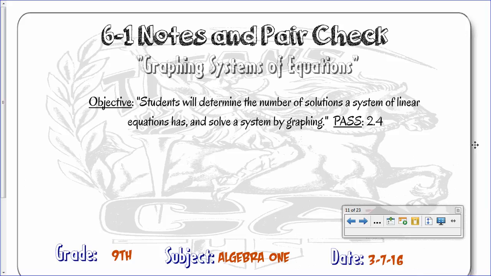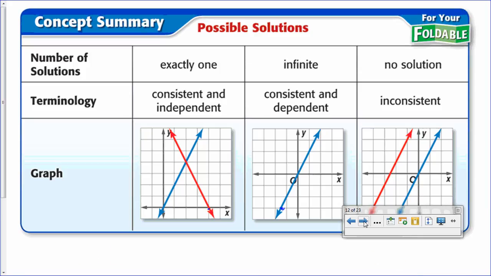Okay, did you guys get the objective down? Skills 2.4. So basically, when we start talking about systems, we've done graphing, all chapter 4, right? When we start talking about systems, we're talking about how many lines? Two at least, maybe more.